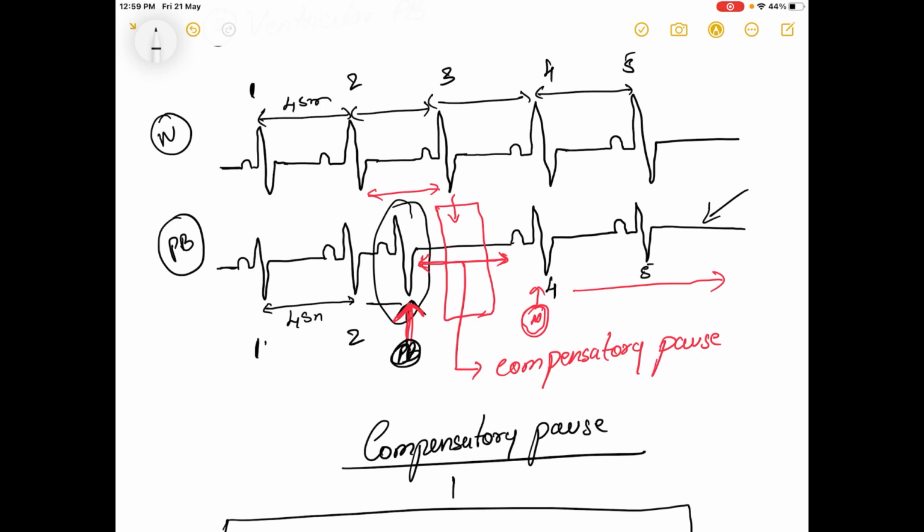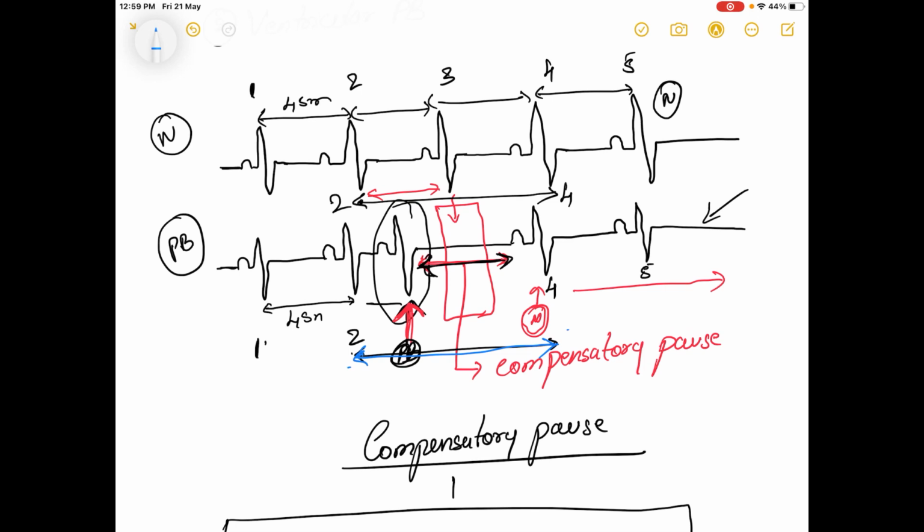So this gap, this compensation, is complete, because when you compare with the normal ECG wave above, the distance between the second and fourth wave is maintained here also, even though there is a premature beat, by this compensatory pause.